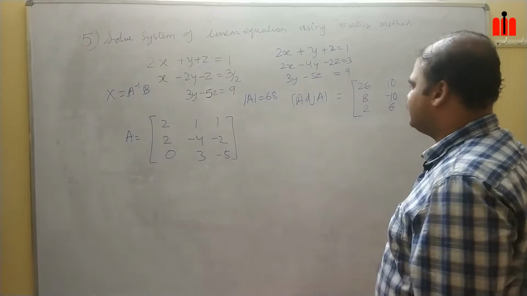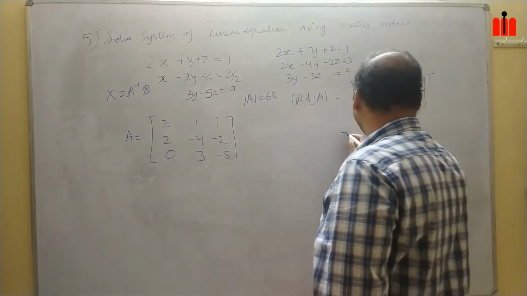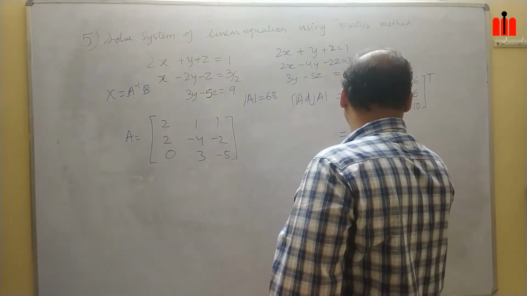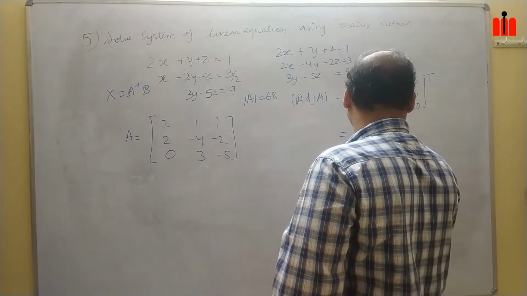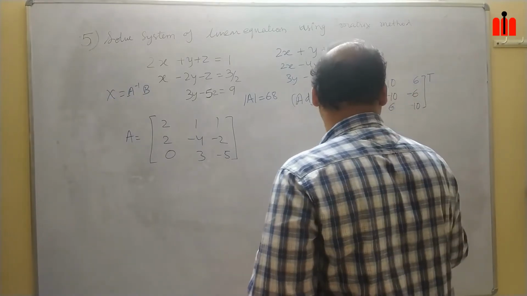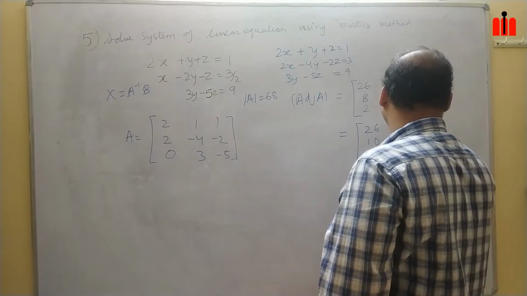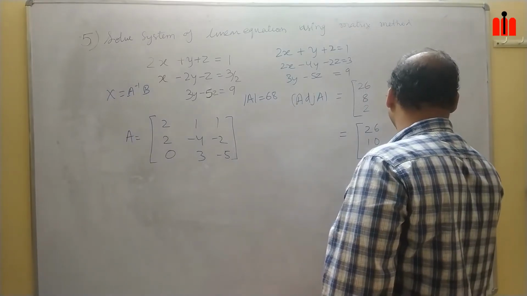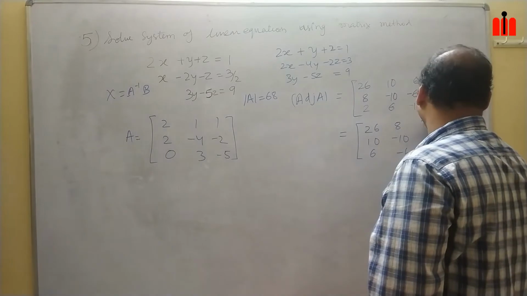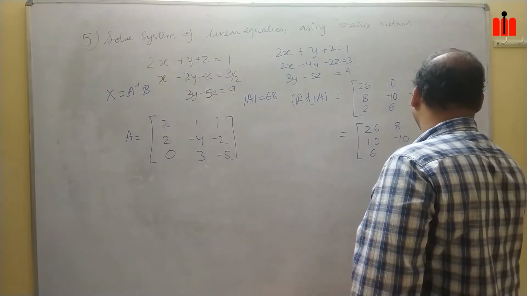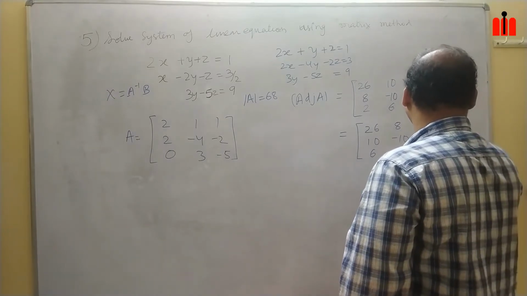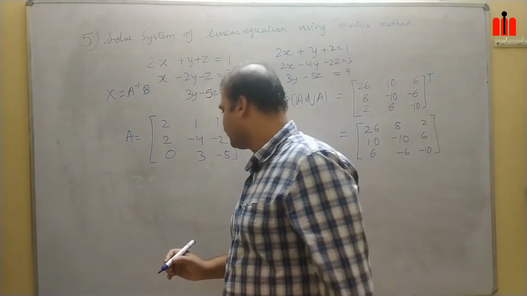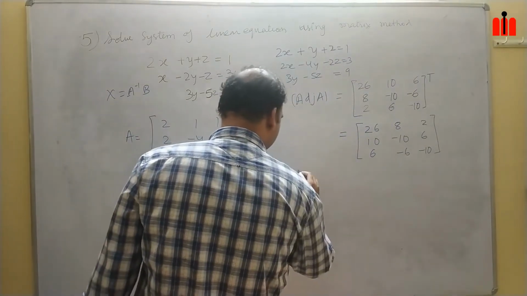The transpose of this will be the adjoint, so it will be equal to 26, 10, 6, 8, minus 10, minus 6, 2, 6, minus 10. So this will be the adjoint A. What will be my A inverse?